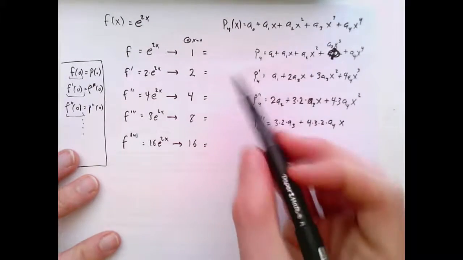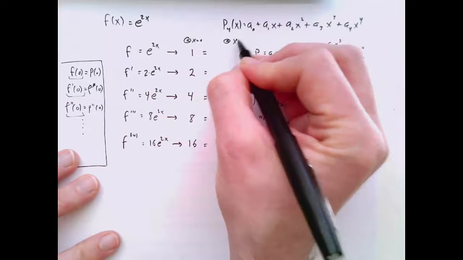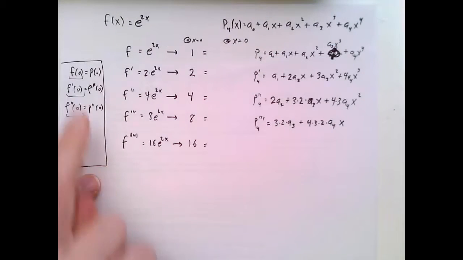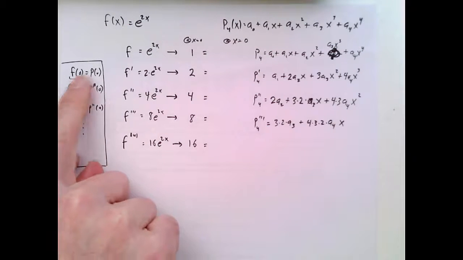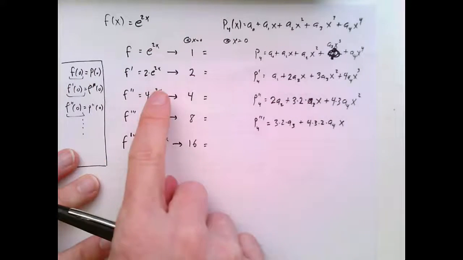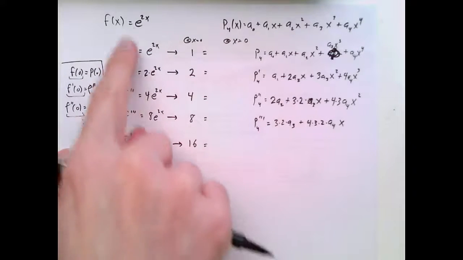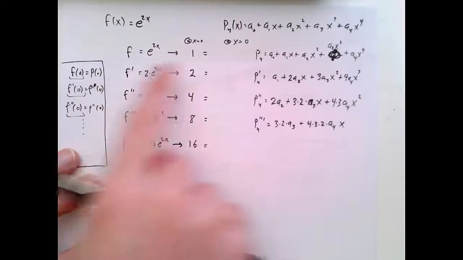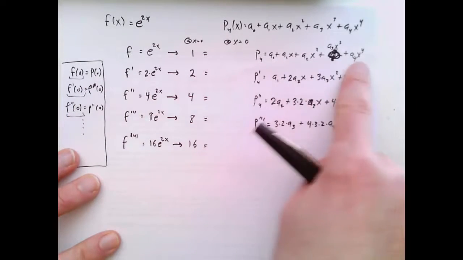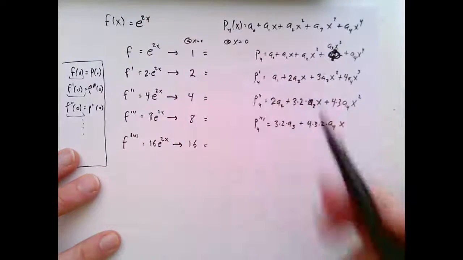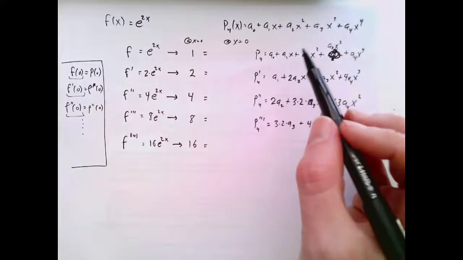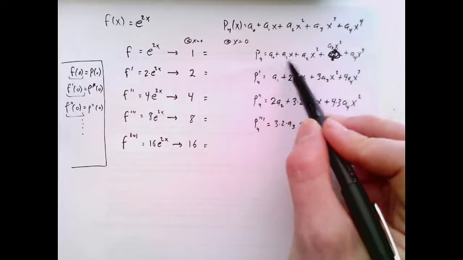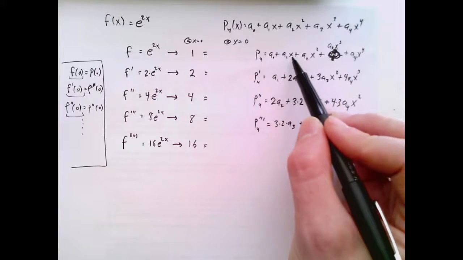All right, so we need to evaluate these at x equals 0 also, because remember the whole point here is I want to set the y coordinates equal. So here I know that the y coordinate of e to the 2x at 0 is 1. What happens if I plug in 0 to my equation here? What's the y coordinate? Well, notice what happens. If I plug in 0, this term will be 0 because it's being multiplied by x.